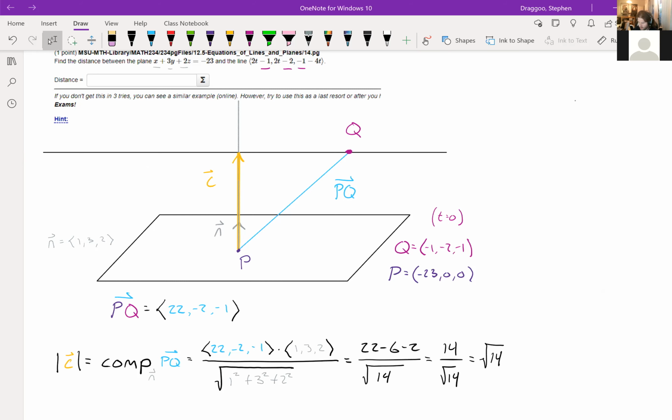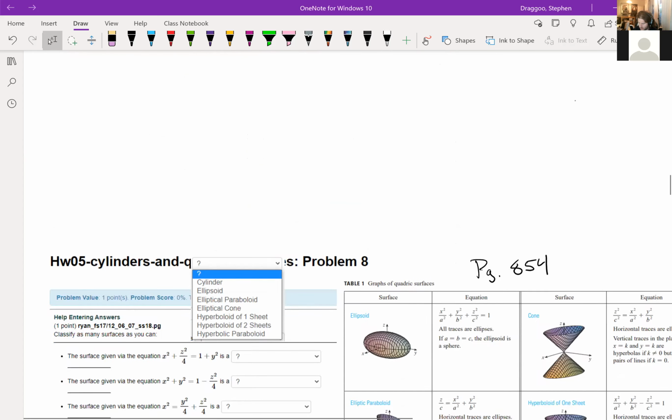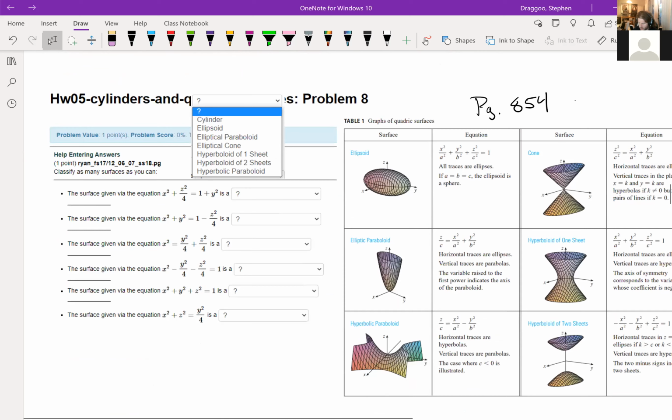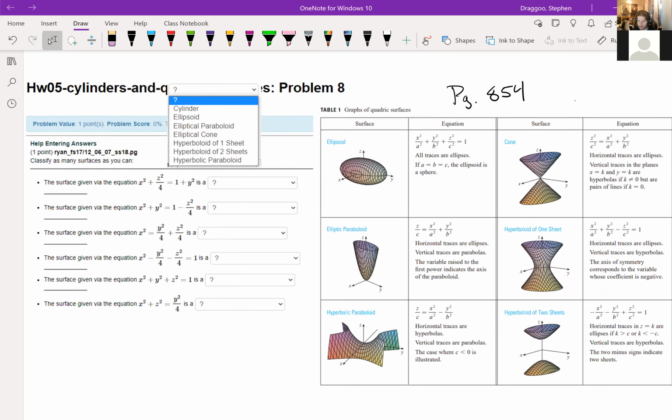But on down to the next problem. Yeah, here it is. Okay. So I've copied a page out of the book, which I thought would be helpful. It's just on page 854, and it's just a quick explanation of, for the most part, the 6 basic quadratic shapes that we look at.